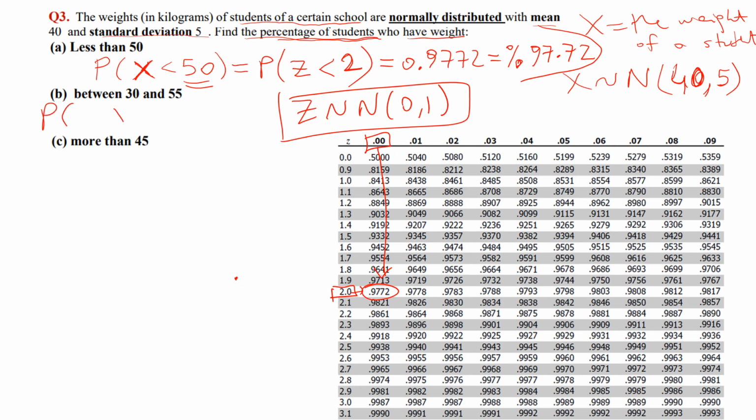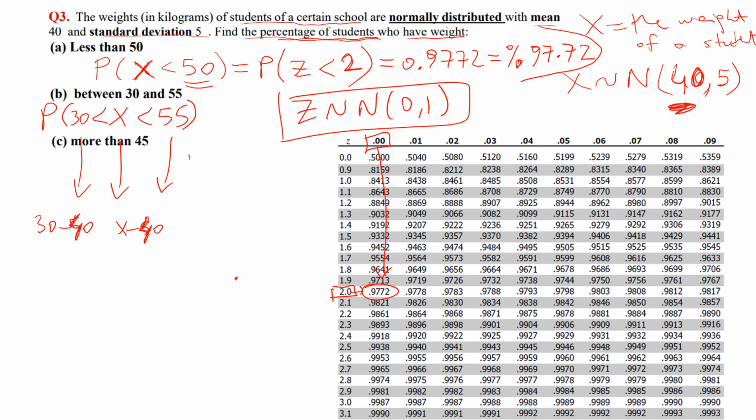So we want the weight between 55 and 30. So we have to change it to z. So how do we change them to z? So we subtract the mean from all of them. Sorry, this is 40, so mu, this is just mu, 40.